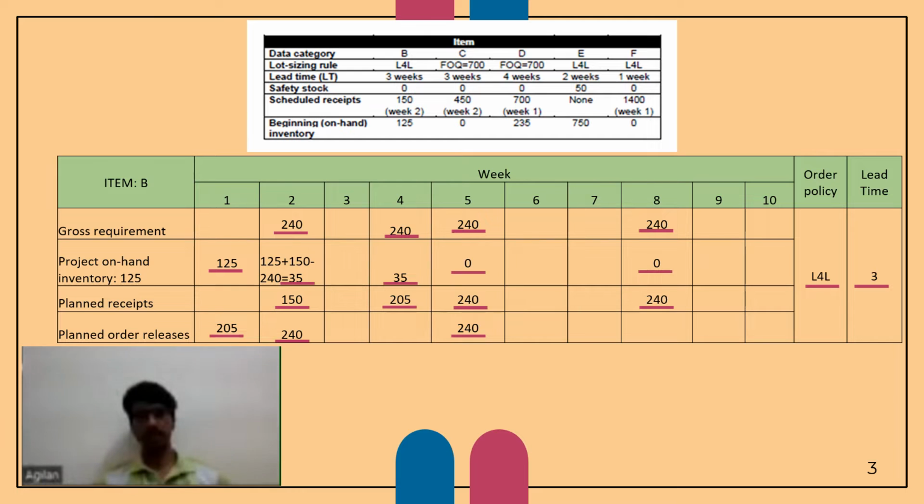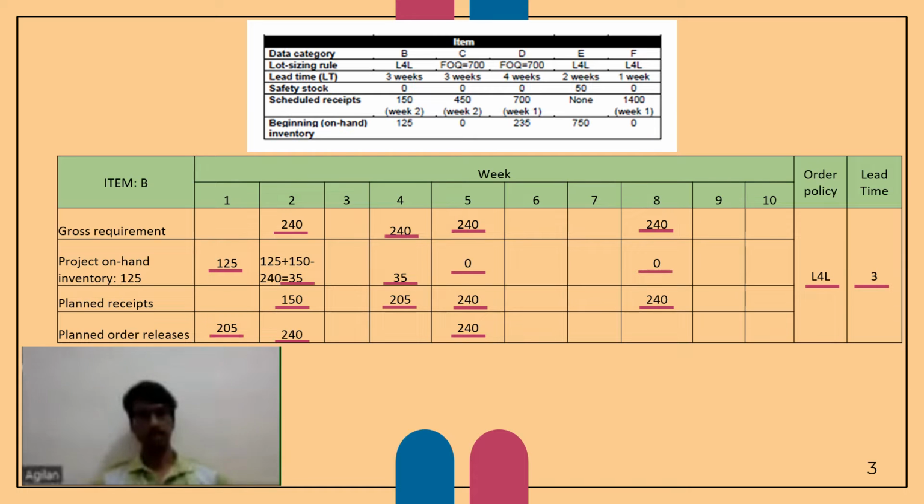We get it from 120 times 2, which is 240. Next is the projected on-hand inventory, which is 125 as given. You can see here the beginning on-hand inventory is 125 for data category B. So just state 125 here on week 1.